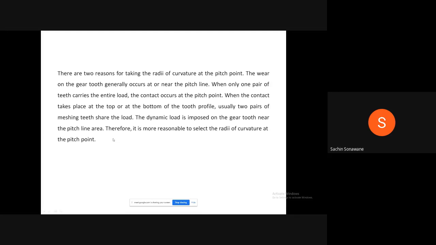And also, whatever dynamic load we have seen, dynamic load due to manufacturing defect or surface inaccuracies or due to the number of teeth, this dynamic load is more in the region nearer to the pitch line or nearer to the pitch point. That's why we have considered the radius of curvature at the pitch point.